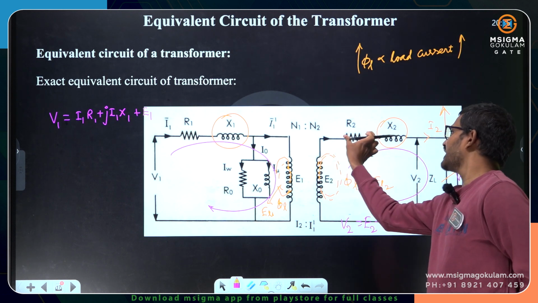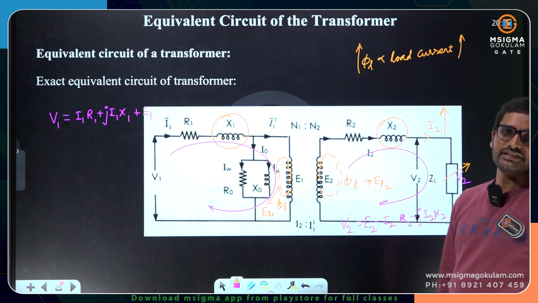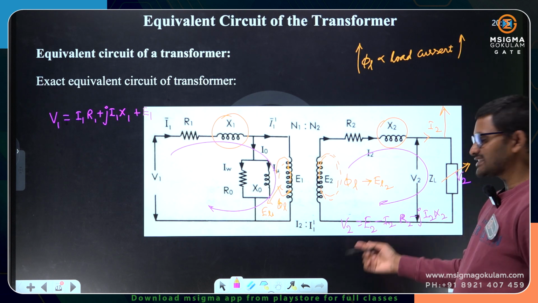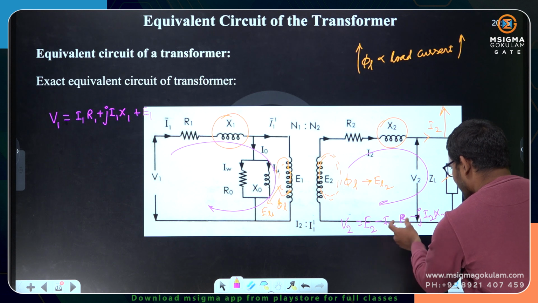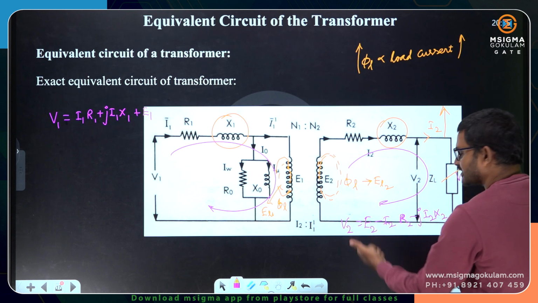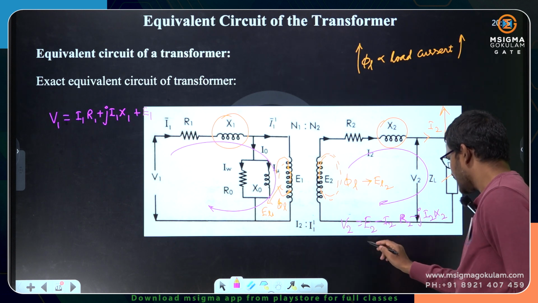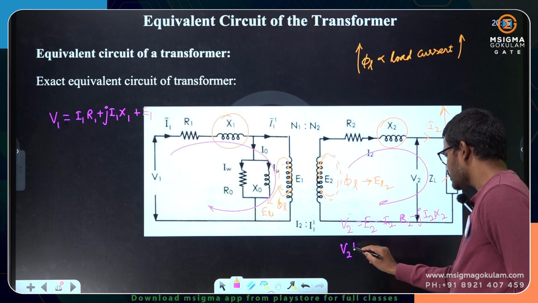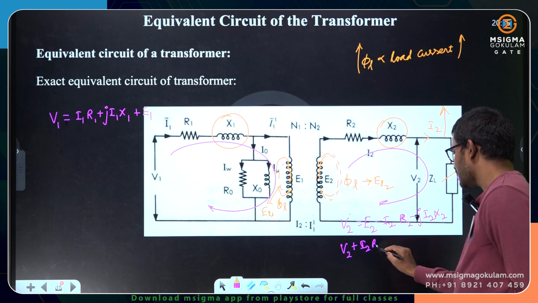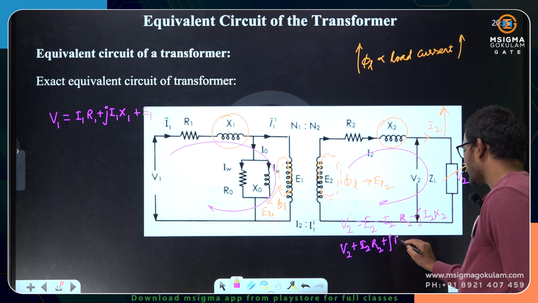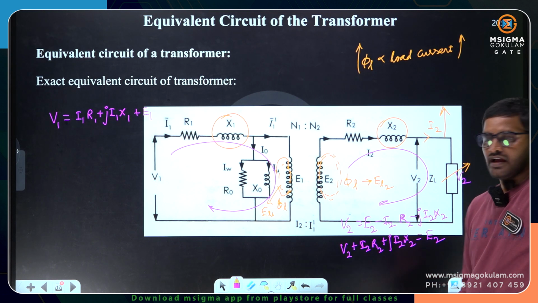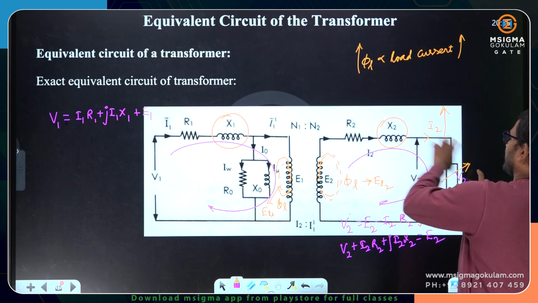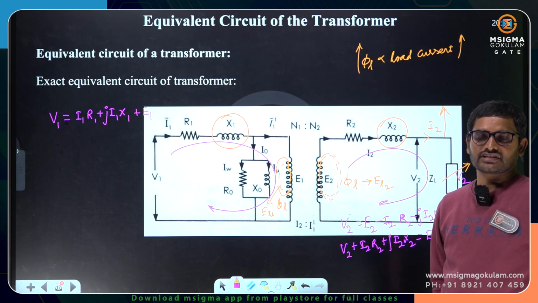Induced EMF minus drop is equal to terminal voltage. From the induced EMF you have to subtract these drops to get the terminal voltage. Or otherwise, to the terminal voltage you add the resistance drop and reactance drop I2 X2, and you will get the induced EMF. Either is okay.